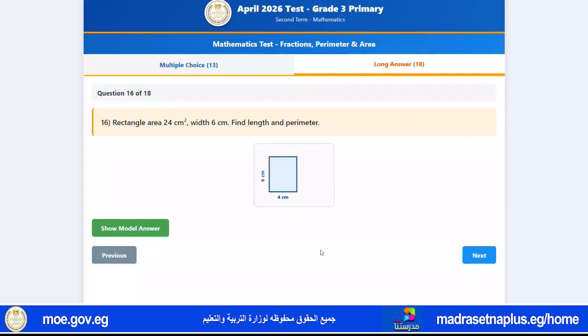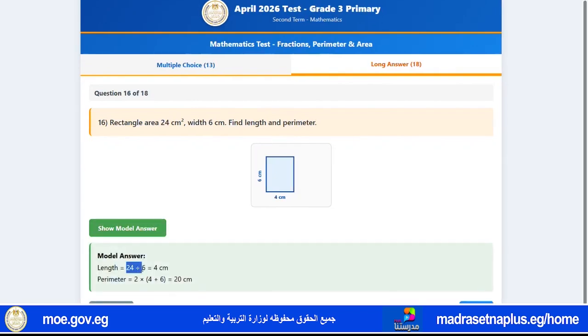Now I have the area. Area equals length times width. That means what times 6 equals 24? Yes, it's 4. If you have two dimensions, it's easy for you to get the perimeter. First step, divide the area by one side to get 4. Now it's easy for you to say 2 times the sum of them.